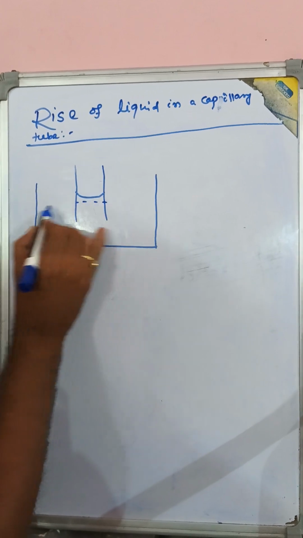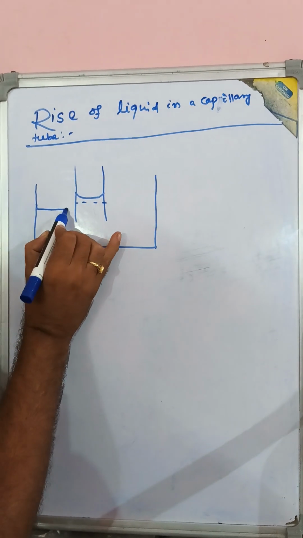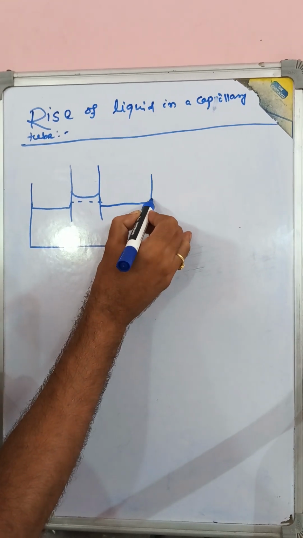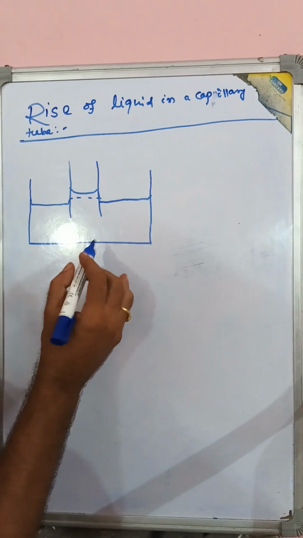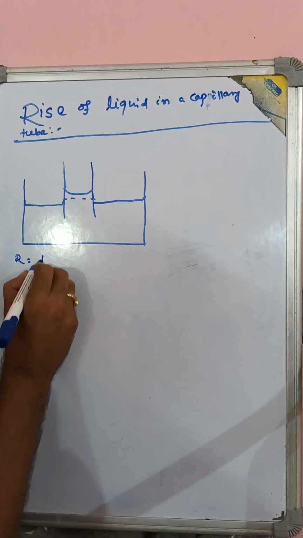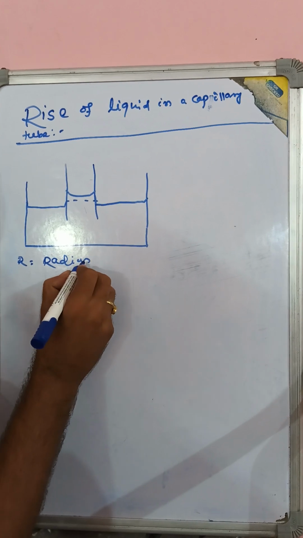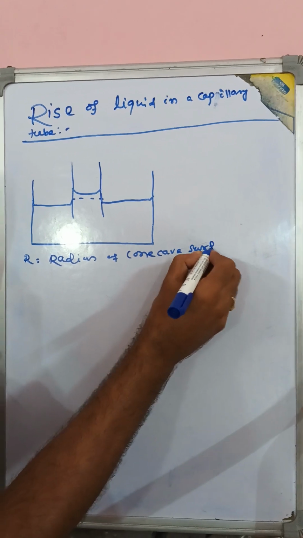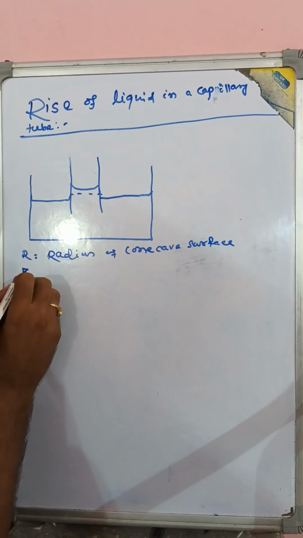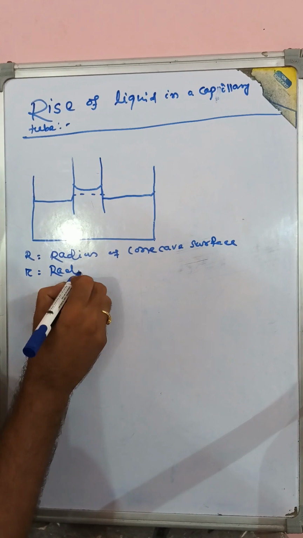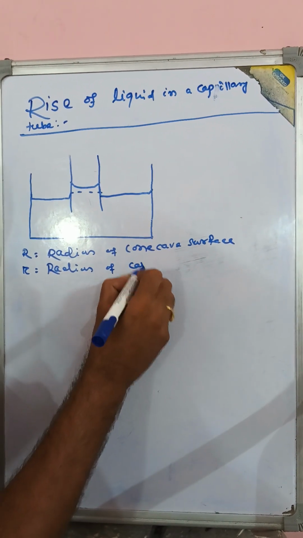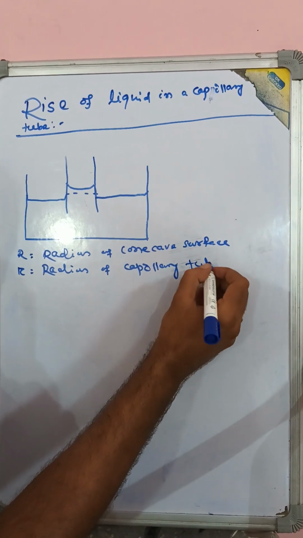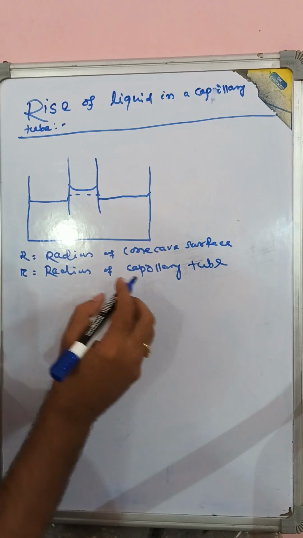Meniscus. Capital R is the radius of the concave surface, and small r is the radius of the capillary.